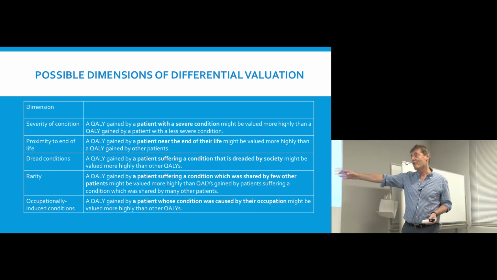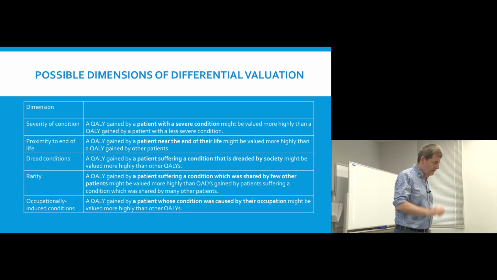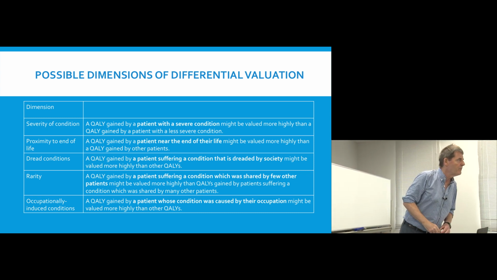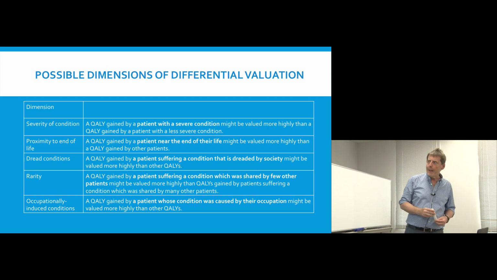Another argument is, what about rarity? Sometimes we talk about orphan conditions, where the number of patients with that particular condition is very small. Should we value benefits to these individuals more highly? The argument is a slightly twisted one.